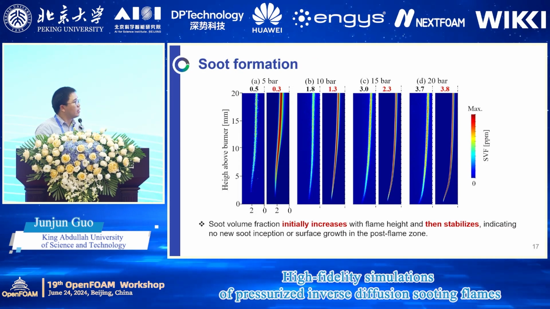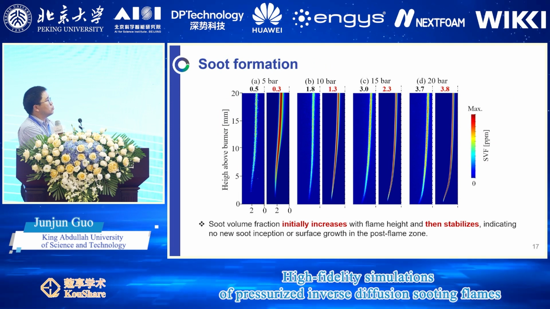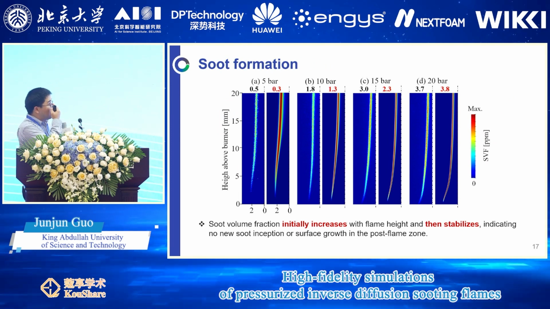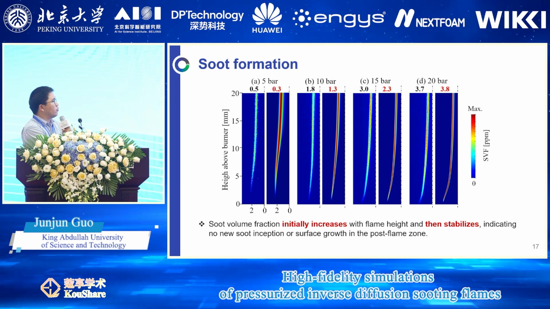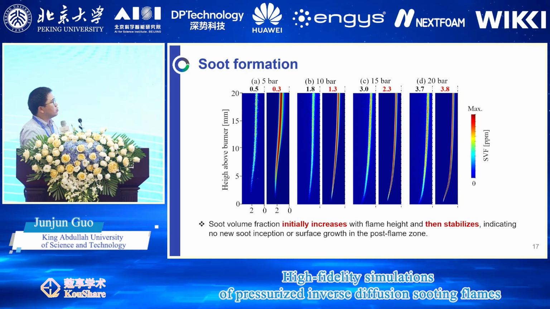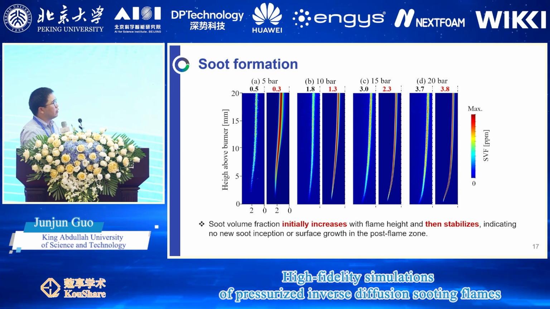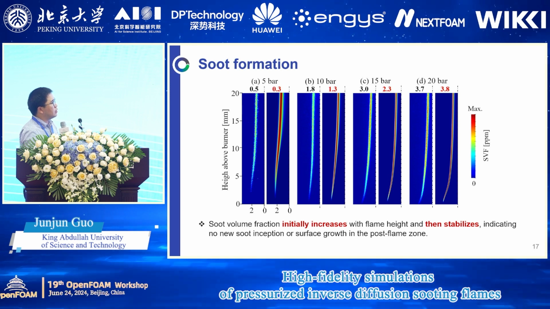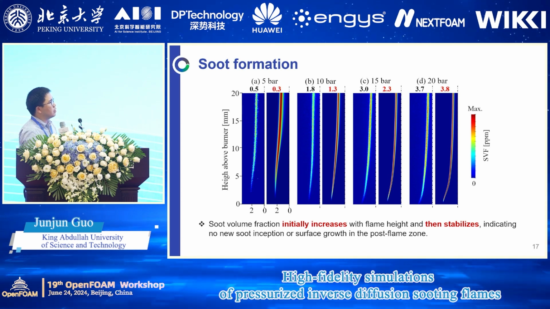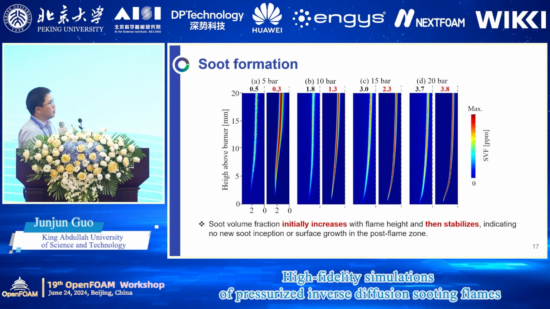And then we look at this soot formation. So here is the soot volume fraction spatial distribution. So it's also only half of the flame. You see that this dashed line is the flame center, and then the left part is the measurement, and then these are the simulations.